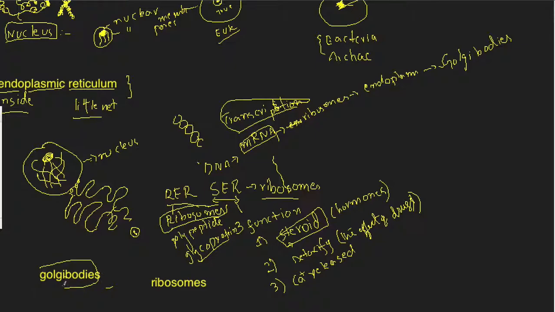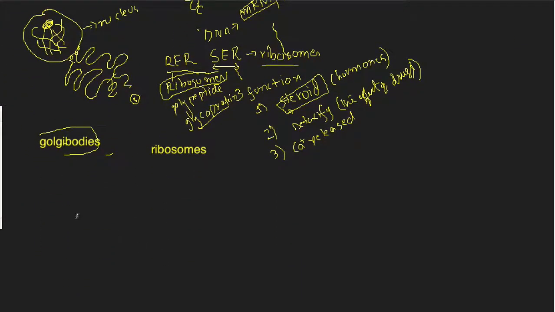Let me scroll down a little bit. So as it goes down from the endoplasmic reticulum, the protein goes towards the Golgi bodies.